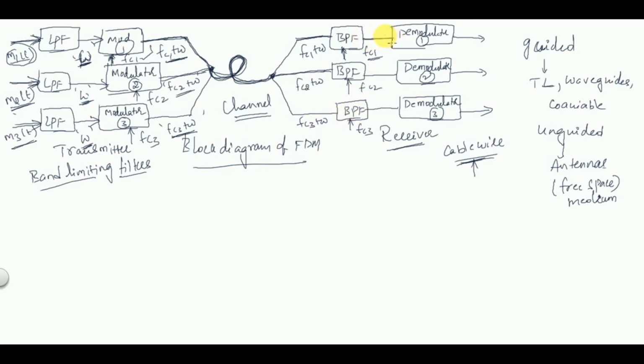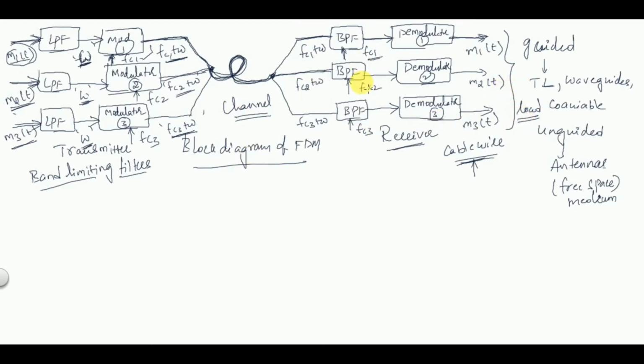The corresponding demodulator circuit is then used, so that you get the original message signals at the receiving end, which can be given to any load, so that they can be displayed as pictures if it is a video signal, or listened to as audio if it is an audio signal.